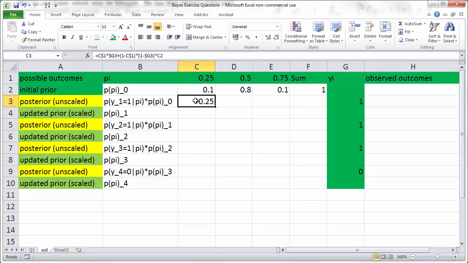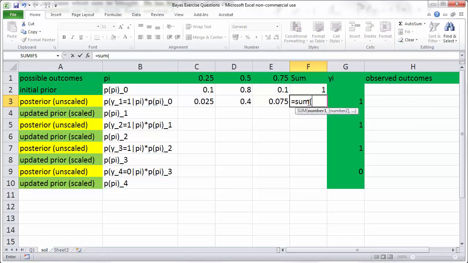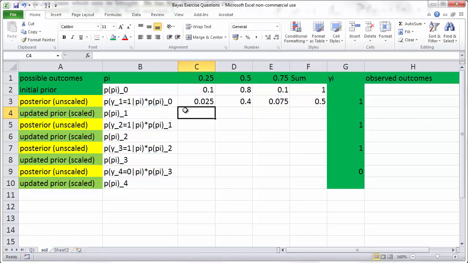But something isn't quite right. We have the first part, we have to put that in parentheses. So the first two summands are the likelihood, generic terms, then times the prior. So now once we've written the generic formula, we can just copy the formula, then we calculate the sum. That should be 0.5, that's good.